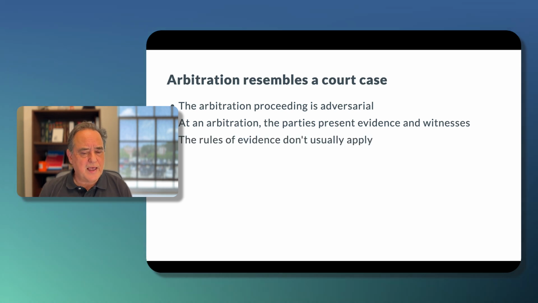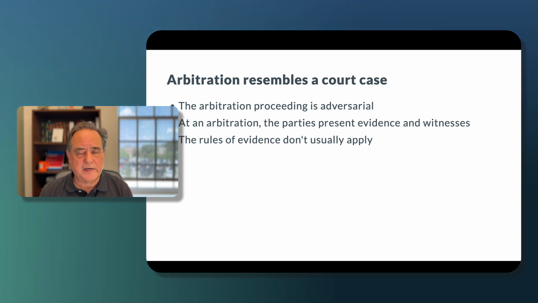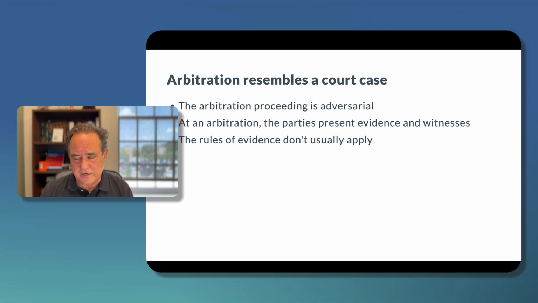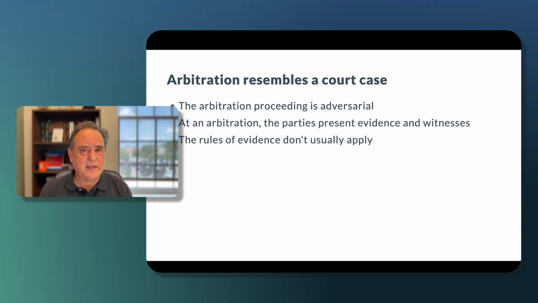Now, the rules of evidence don't usually apply to an arbitration proceeding. This is one of the reasons why arbitration moves much faster than litigation: there's no need to restrict what the finder of fact, in this case the arbitrators, is going to hear.